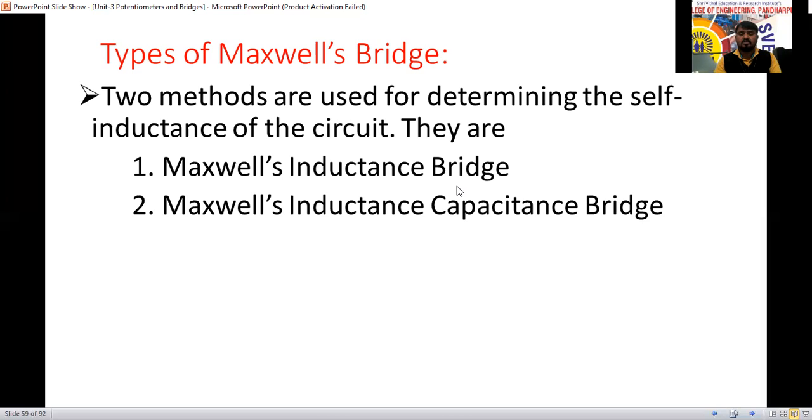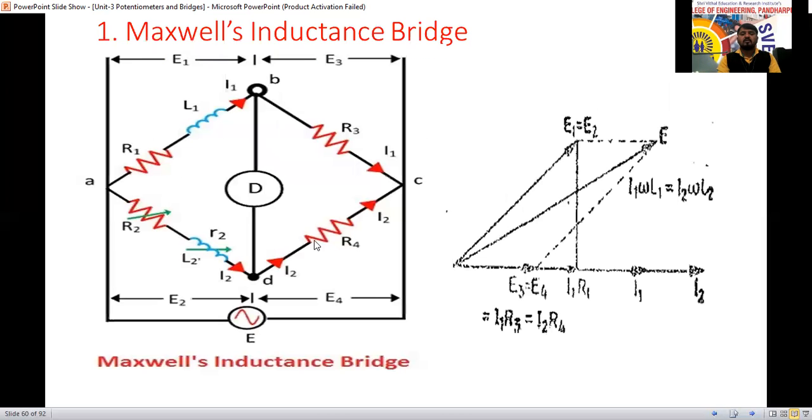Now we are going to discuss the Maxwell inductance bridge. This is the circuit diagram of Maxwell's inductance bridge. You can compare it with the general form of the AC bridge and tell any difference.